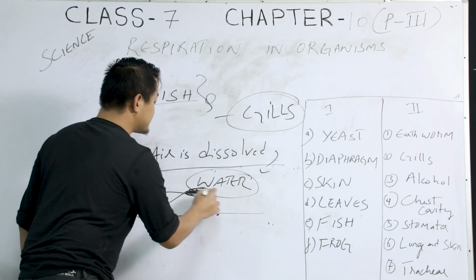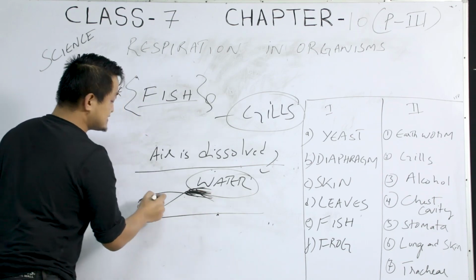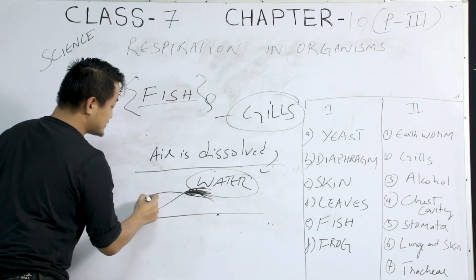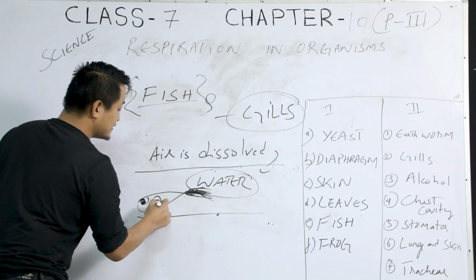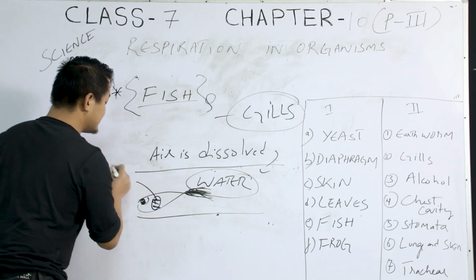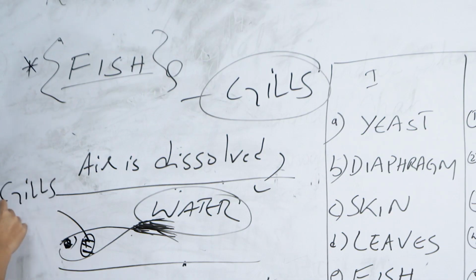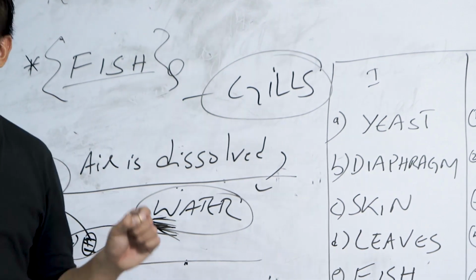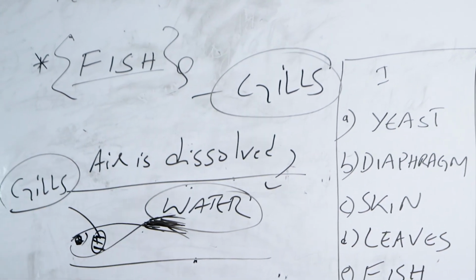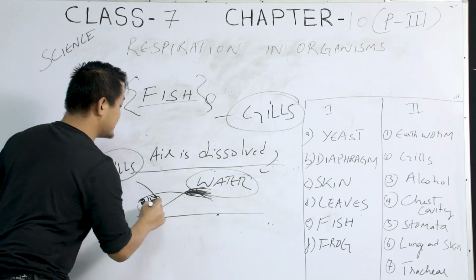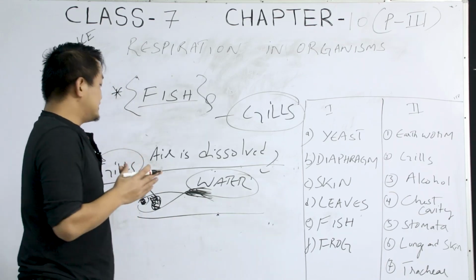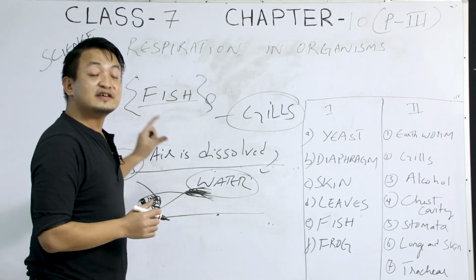Now, discussing the fish. Let's say this is a rough fish, and these are the gills. Fish breathe through their gills. So the gills are present here. Now let's discuss some details about the gills.